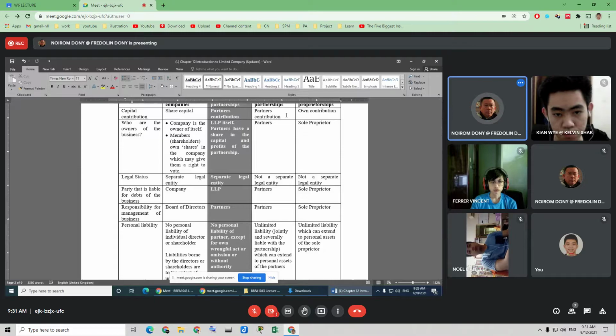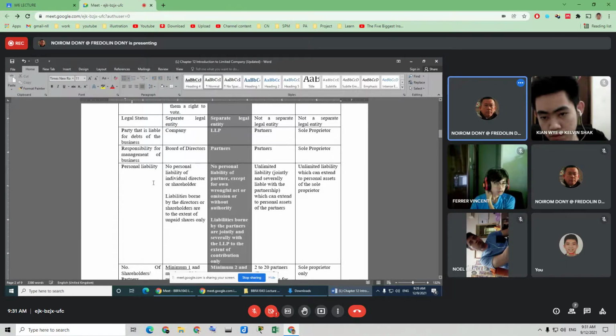And the partnership? The partners as well. And the sole proprietorship, the sole proprietor. Okay, so these partners and sole proprietor are the owners, aren't they? But the board of directors is not the owner. Different. The board of directors are professional managers selected by the shareholders.